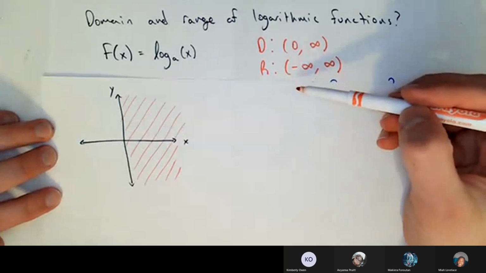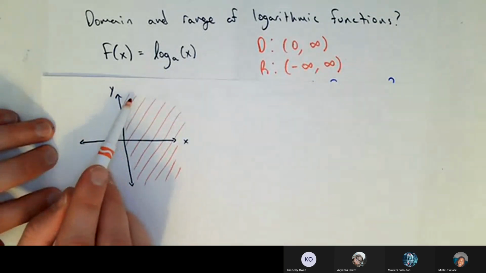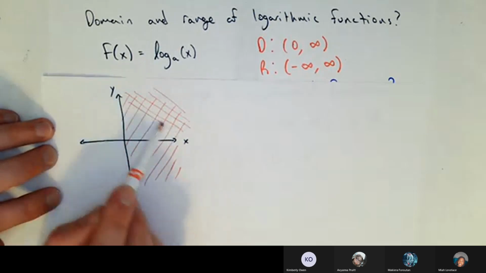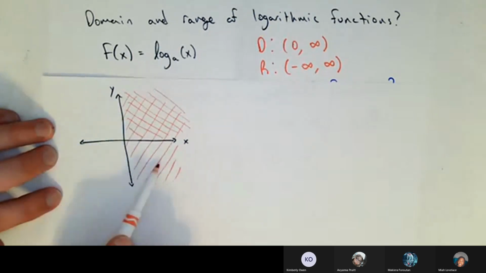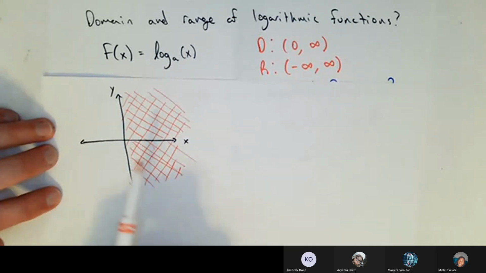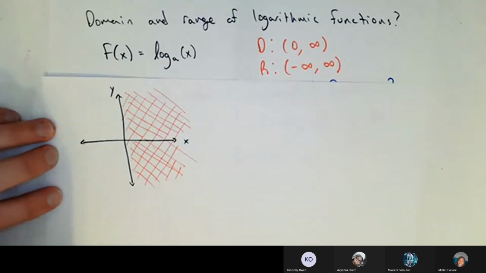And its y values are not restricted at all, so it can go into the positive y values, no problem, and it can go into the negative y values, no problem. So we expect our log functions to stay over here in the first and fourth quadrant.